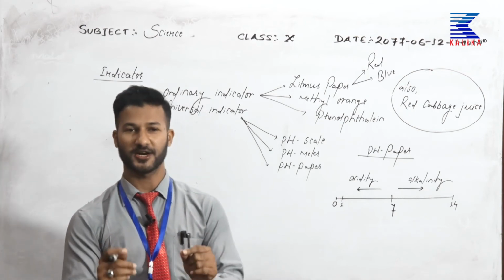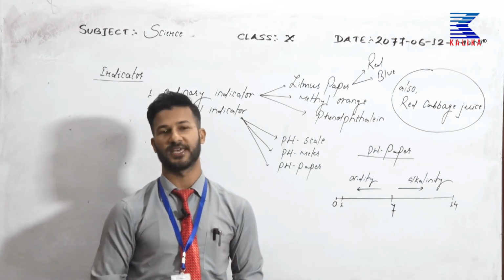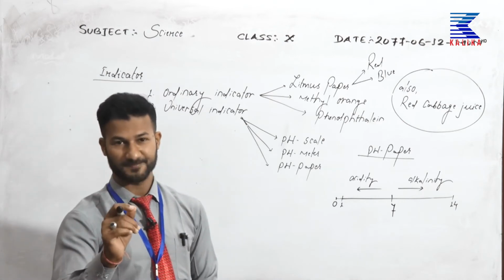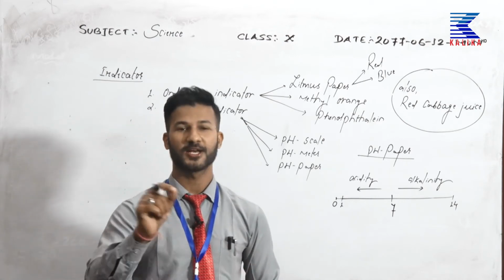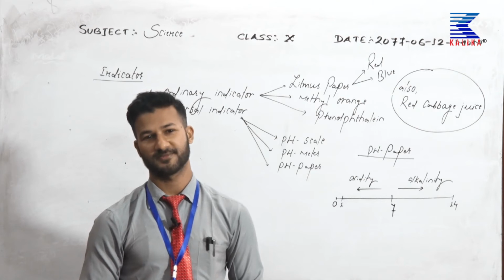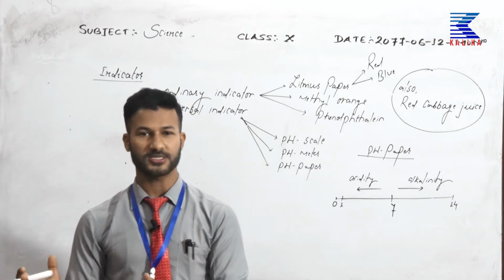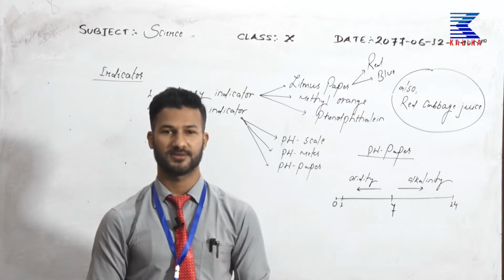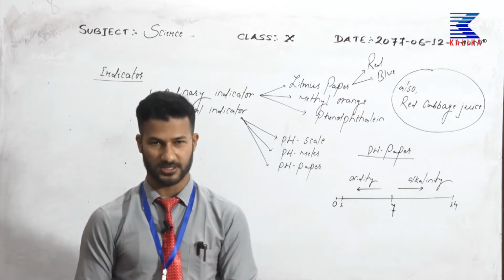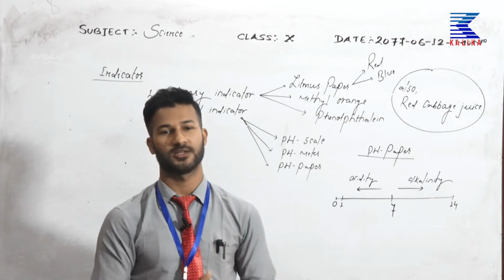Salt does not bring any change in color with them, but keep in mind that the salt must be completely neutral in nature. Some salts are acidic, some salts are basic in nature, some salts are acid salts, some salts are base salts.